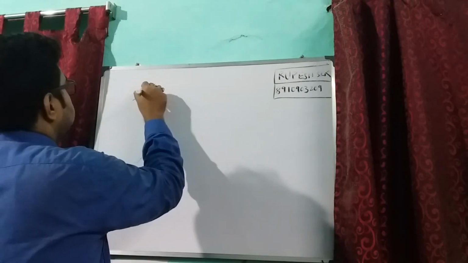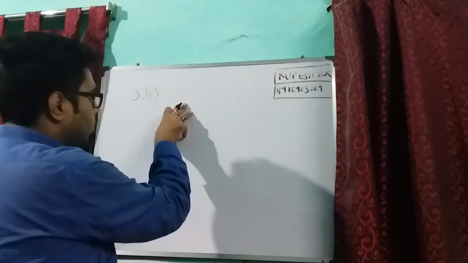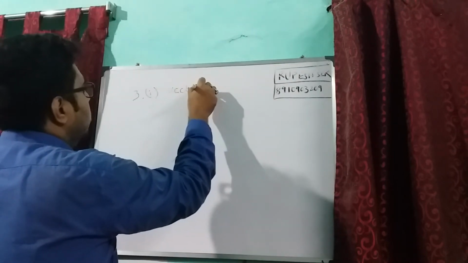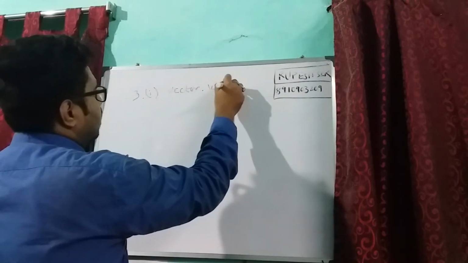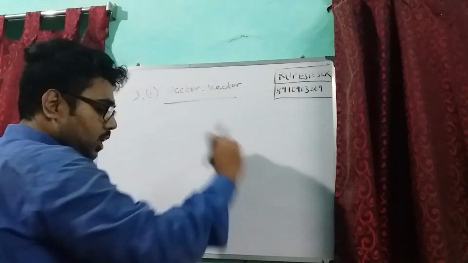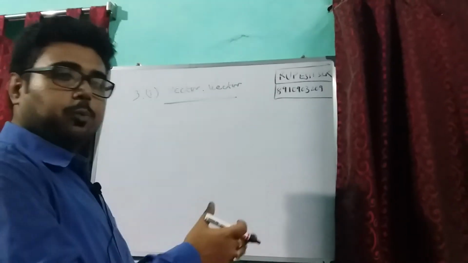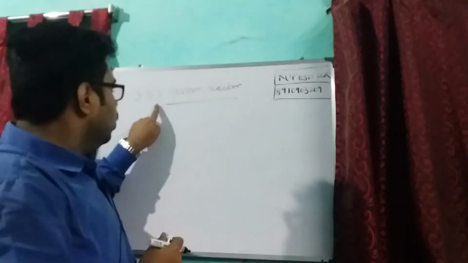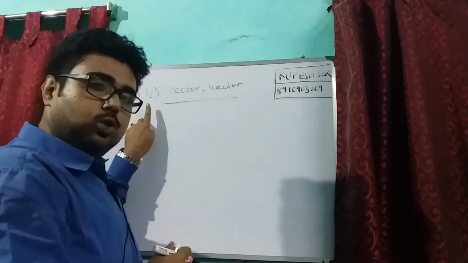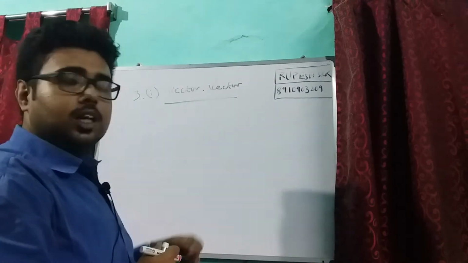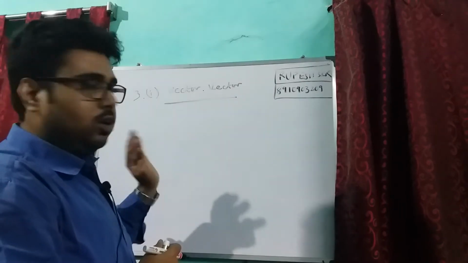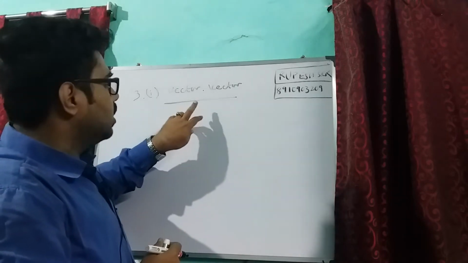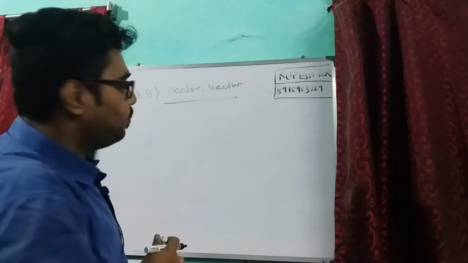Let us move forward with the third topic, that is part 1. What is that? Vector dot vector. You all know that we have two types of vector products. Number one, vector dot vector, and number two, subpart 2, which we will discuss later, vector cross vector. First we will see what happens when we dot product two vector quantities.